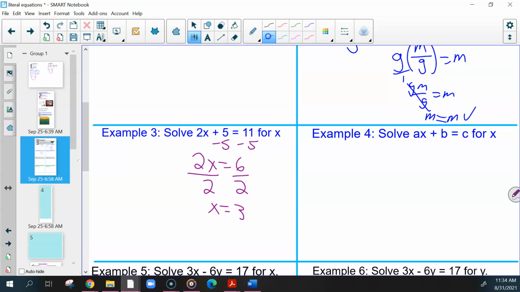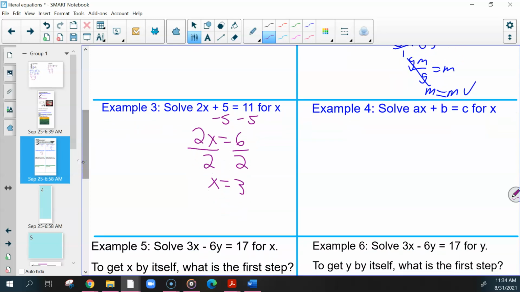But now in example 4, when we have something similar, but they're all variables, the process is going to be the same. It just looks different. So how would I solve this for x? Subtract b. When I subtract b, it just goes over there. I can't combine these because they're not like terms.